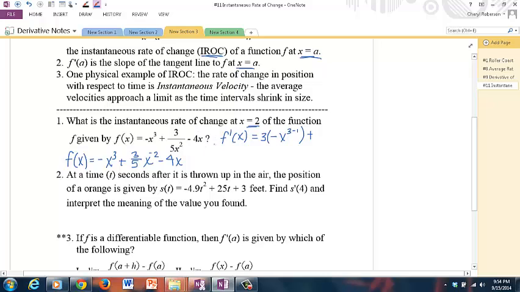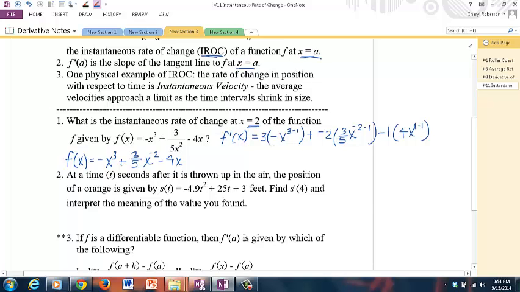So I'm going to have negative 2 times 3 over 5 x to the negative 2 minus 1, and then minus, and then here our exponent is 1 times 4x to the 1 minus 1. So there's the power rule written out for us.